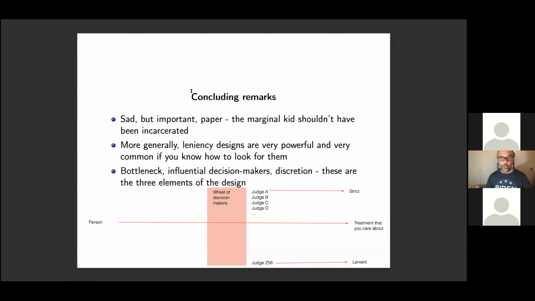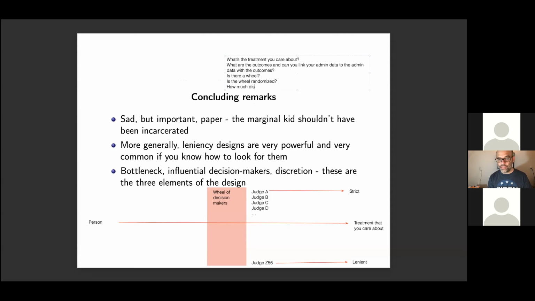Okay. So what do you need to do? You need to figure out what's the treatment you care about. What are the outcomes? And can you link your admin data to the admin data with the outcomes? All right. What's the treatment you care about? Is there a wheel? Is the wheel randomized?